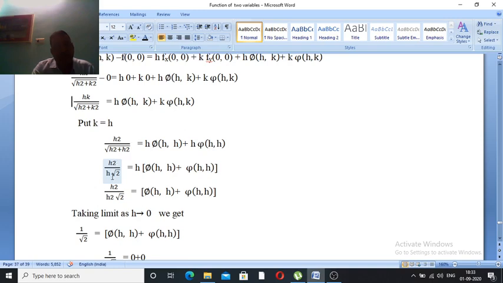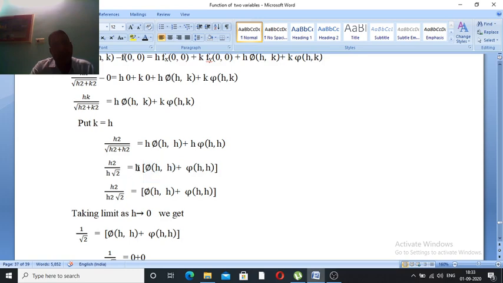h square upon h under root of 2, because h square plus h square is 2h square and the square root of h square is h. Taking the root of 2 outside, this is equal to h phi(h, h) plus h psi(h, h). Here in both expressions h is common, so h in the bracket phi of h plus psi of h. So h square upon h root 2 is equal to h times phi plus psi.